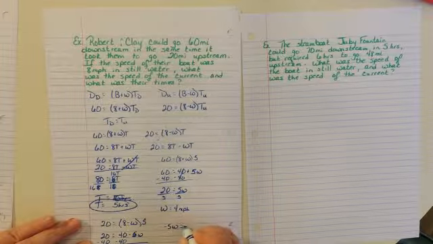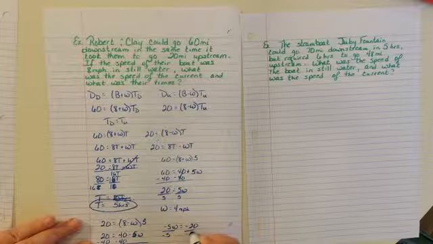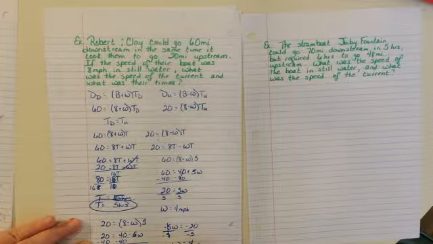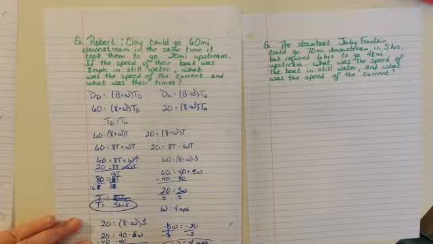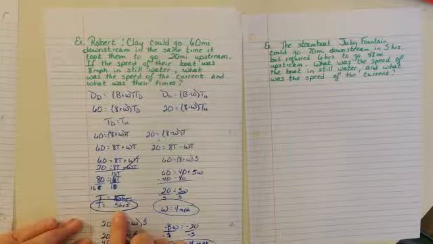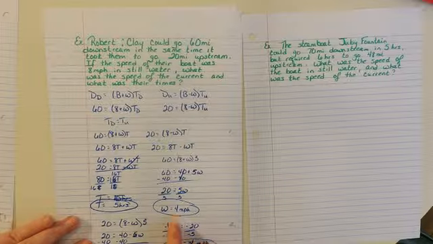Divide both sides by negative 5, and w equals 4 miles per hour. So the time upstream and the time downstream is 5 hours, and the water current was moving at 4 miles an hour.